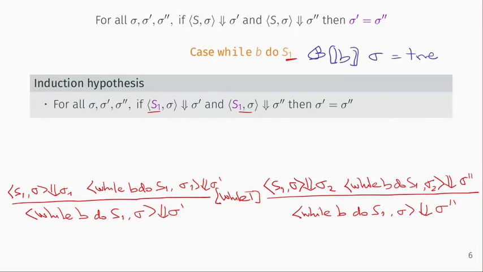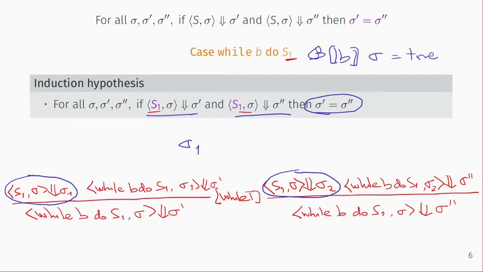Okay, now look at this judgment here. S1 sigma leads to sigma 1, and here S1 sigma leads to sigma 2. So we have the same statement S1, the same initial state, and the induction hypothesis says that the final states should be the same.